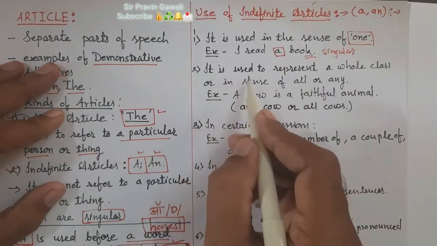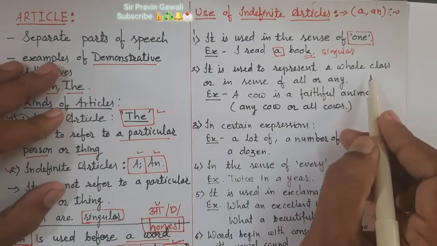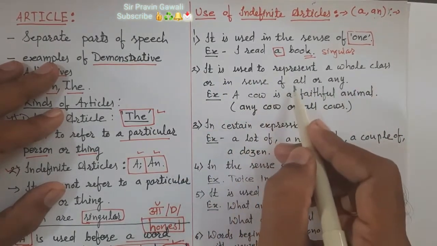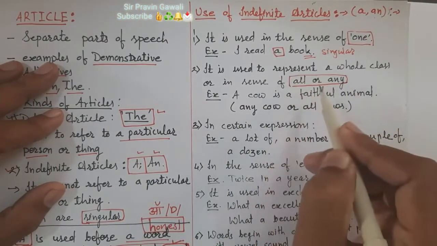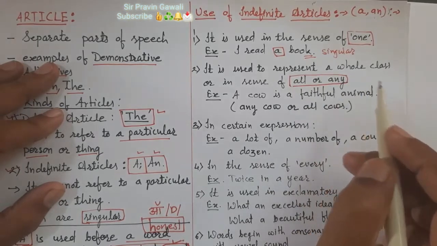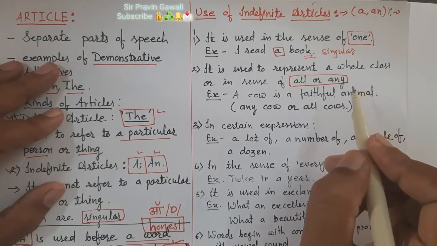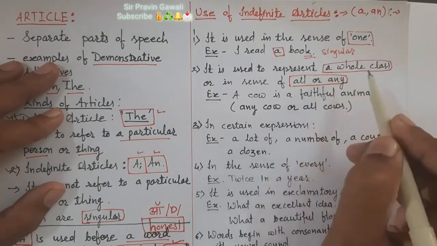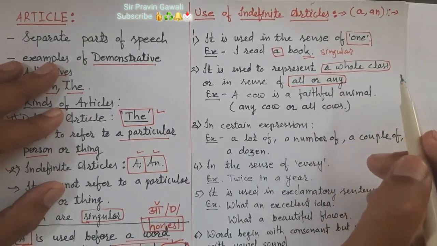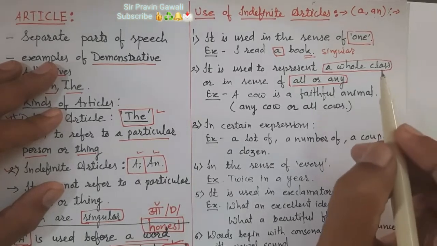Next one, it is used to represent a whole class or in the sense of all or any. Whenever you want to refer to all the things or anything, or if you want to refer to a whole class of a community or category or thing, then we can use a.